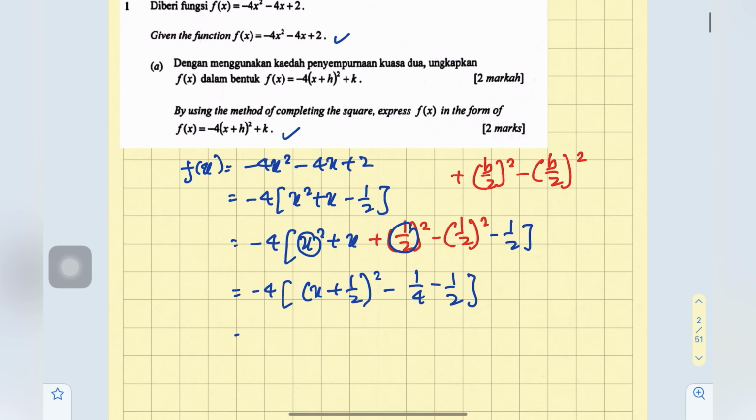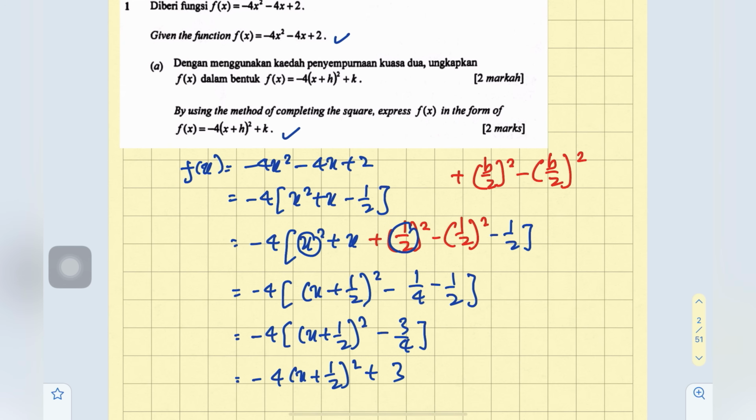So this one becomes negative 4 times (x plus 1 over 2) squared minus 3 over 4. Okay, so negative 4, open the big bracket, x plus 1 over 2 squared, plus 3. So this is the vertex form of this quadratic function.